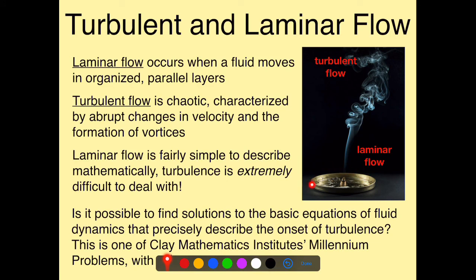We have an ashtray, and there's smoke rising from the ashtray. If we look at the smoke down here, we can see that there's laminar flow because the smoke is all uniformly rising upwards in parallel layers. There's some smoke rising up along this layer, some along this layer, and so on. That's laminar flow. Okay, it's very organized. Everything is moving in the same direction.